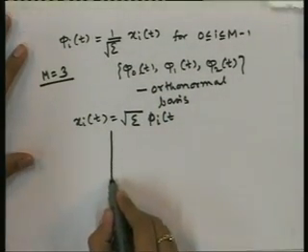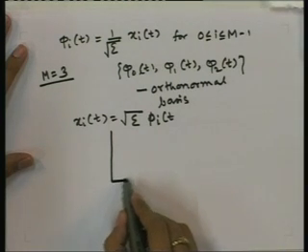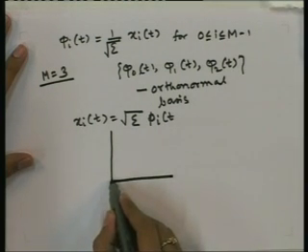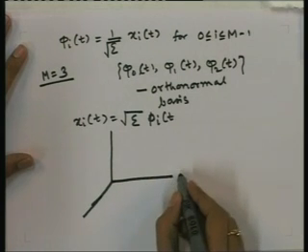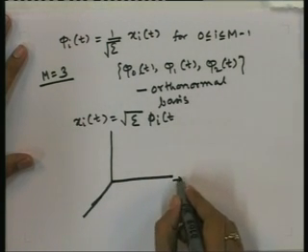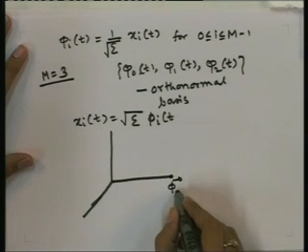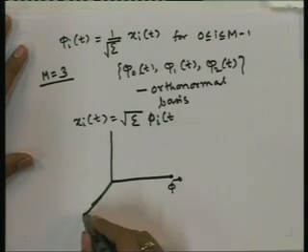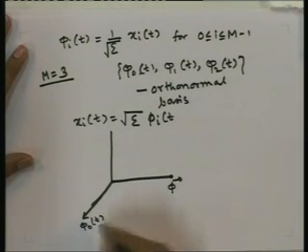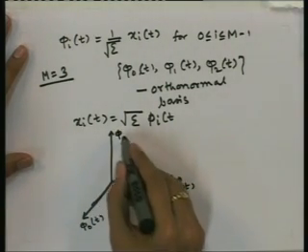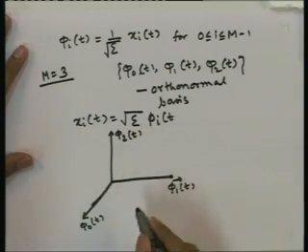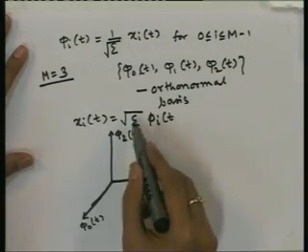So, let us draw the points. This is phi_0(t), this is phi_1(t) and this is phi_2(t). Now, x_i(t) is just a scaling of that.